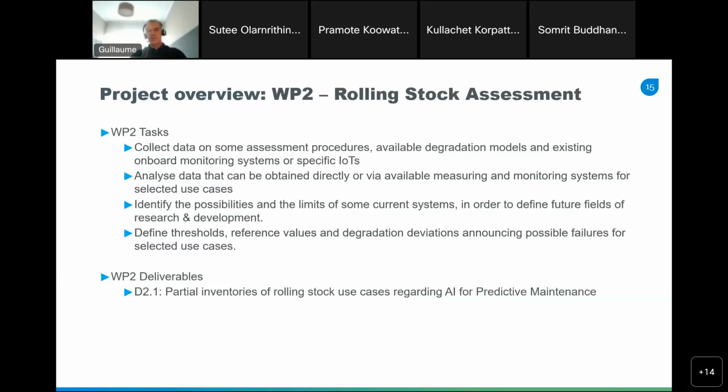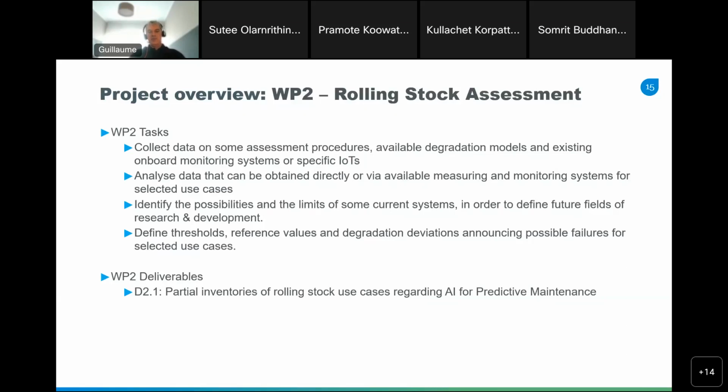The next task is about the data analysis that can be obtained directly or via some measuring and monitoring system for the selected use case. Then we have to identify the possibilities and the limits of the existing system to prepare for future fields of R&D. This is one important thing for you also.